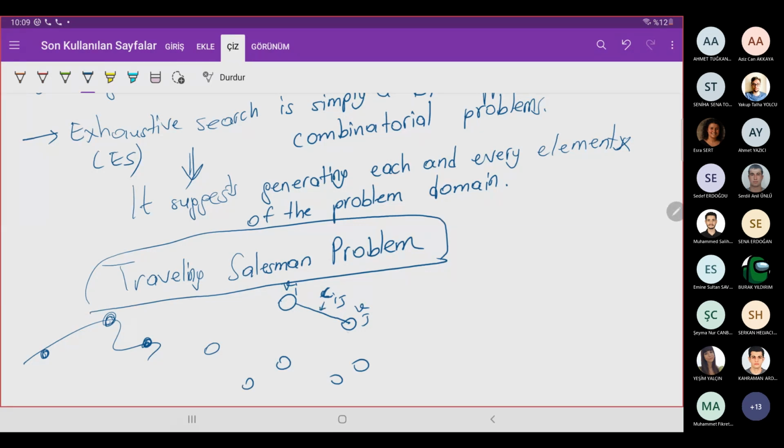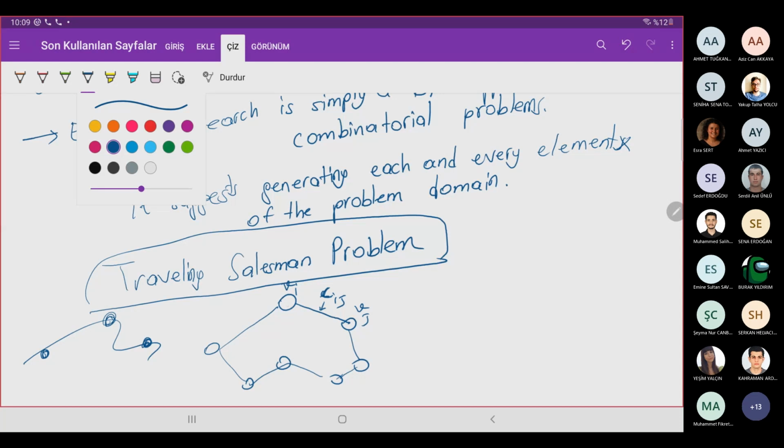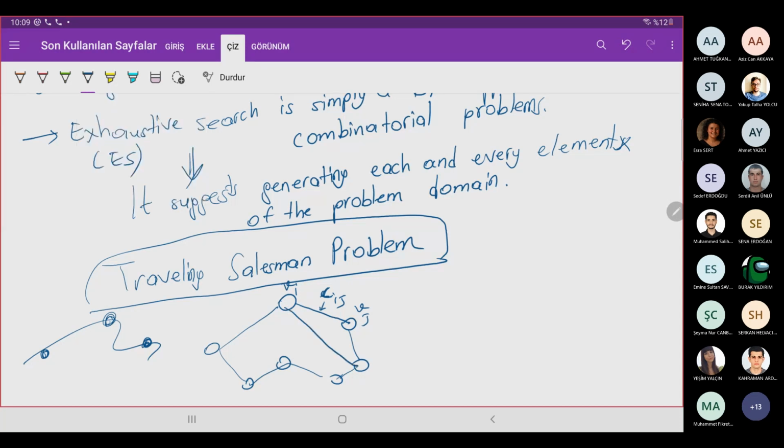So I want to go, for example, maybe this order. But another possibility is to go this way, and then this, and then maybe this. We don't know. Each of them is a cycle, but we want the total cost of the edges to be minimum. Okay, we want to find the cycle that gives the minimum total cost.